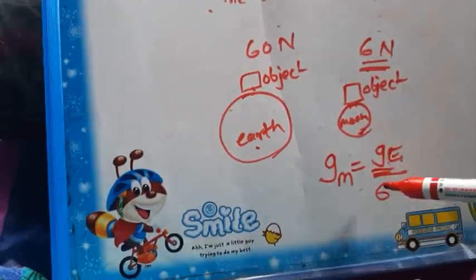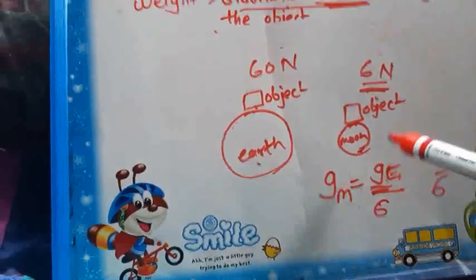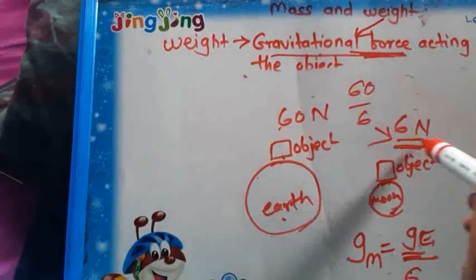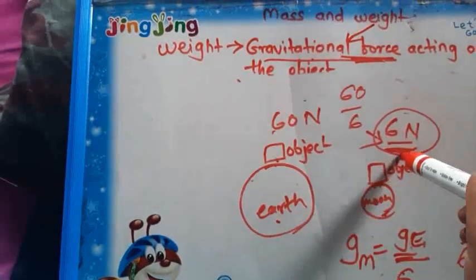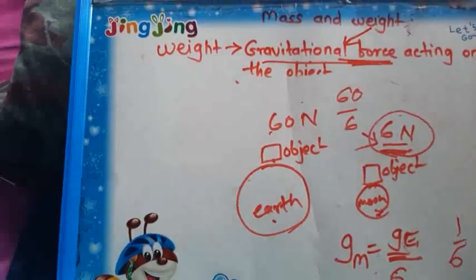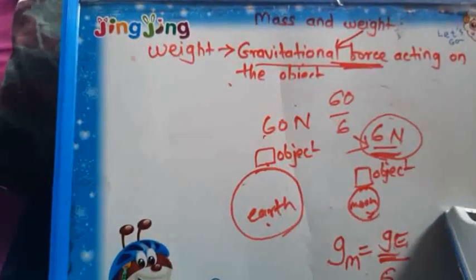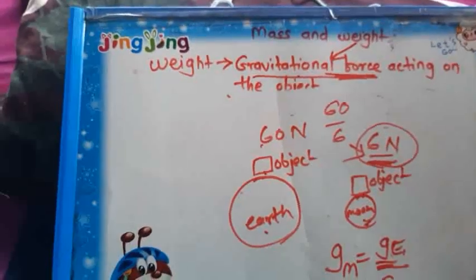That is, it is smaller than Earth's gravitational acceleration by a factor of 1/6. That's why 60 divided by 6, the answer will be 6 Newton. The weight of the object will be 6 times less on Moon. In this way, the object shows different weight on different planets.